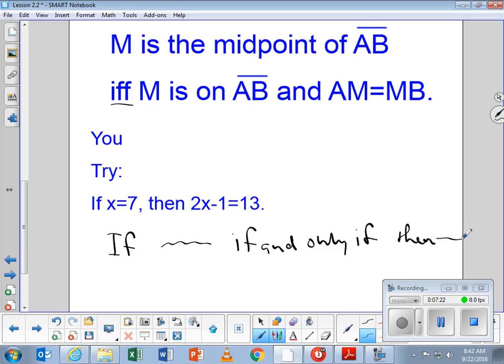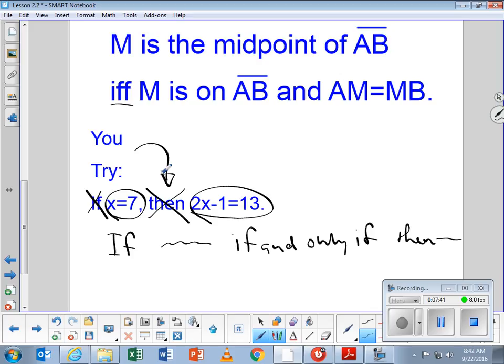They really struggle to take that if and then out of the statement. But you notice what's happening. You take the hypothesis and the conclusion and you throw these away and you put what right there? If and only if.